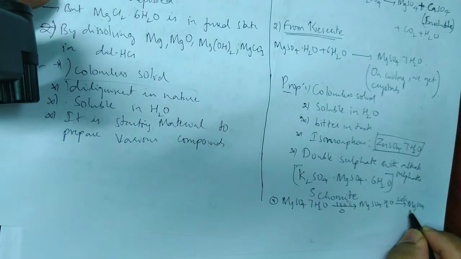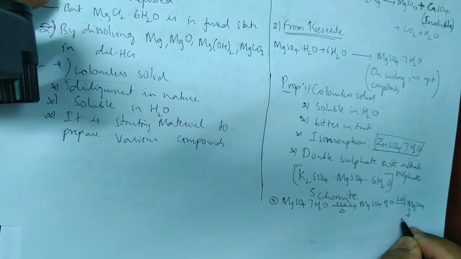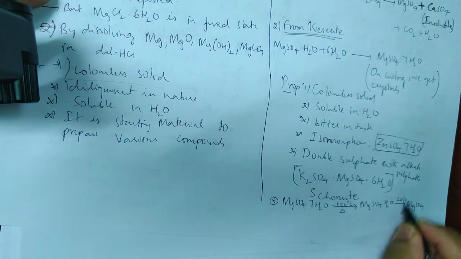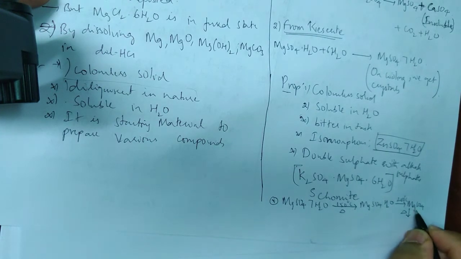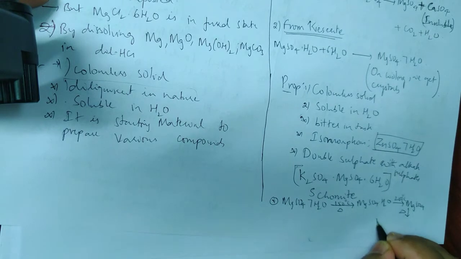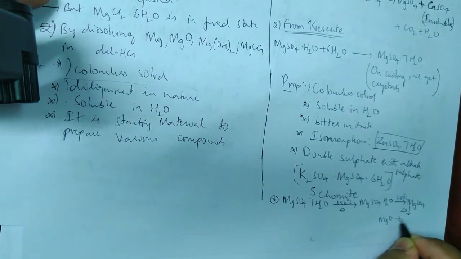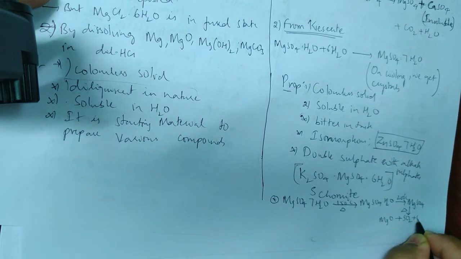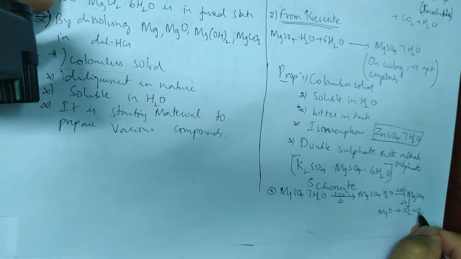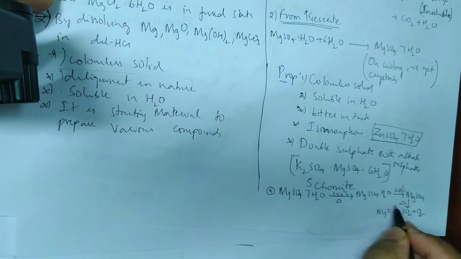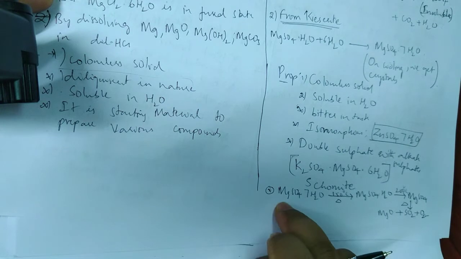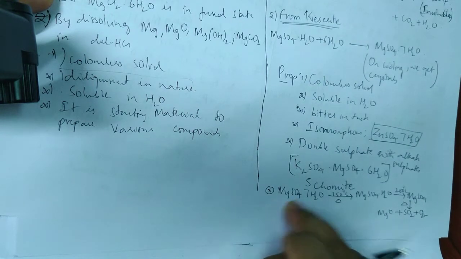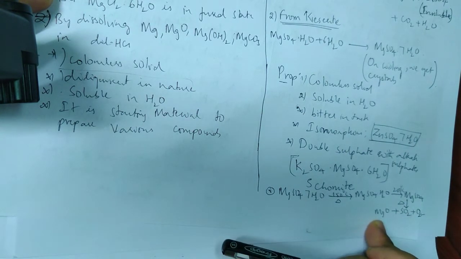And on further heating this, you can answer what compounds I'll be getting. MgSO4 on heating gives magnesium oxide plus sulfur dioxide plus oxygen gas. So on the whole, on heating from MgSO4 all the way, it forms magnesium oxide.